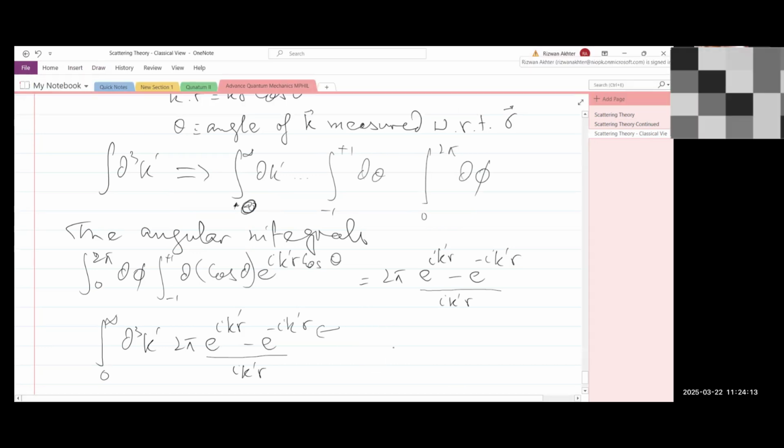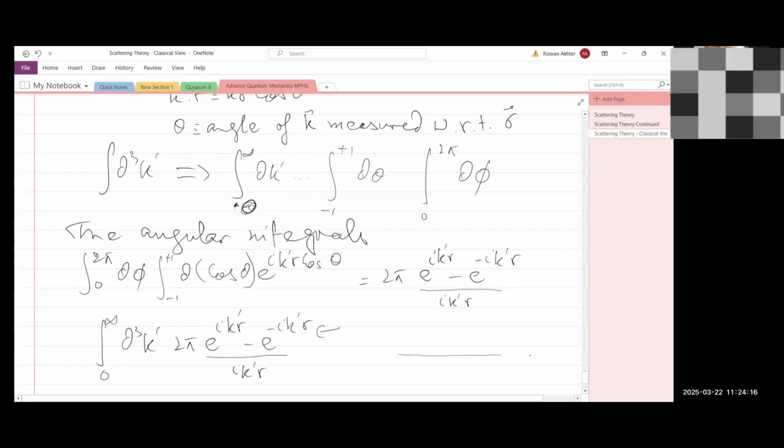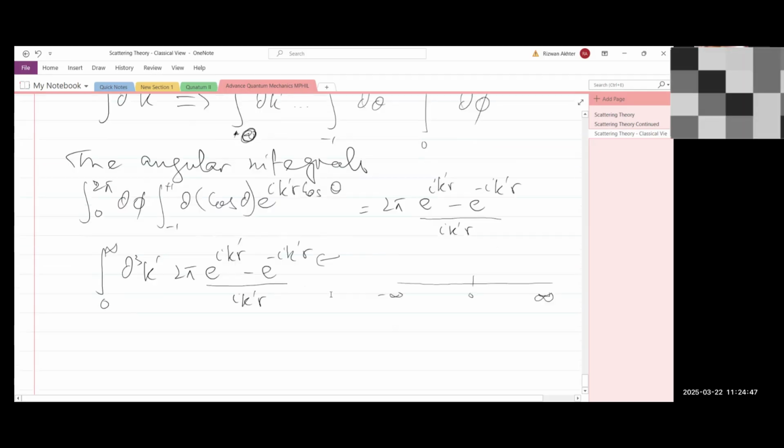If this is 0, you would be integrating from minus infinity values of k to 0, and from 0 to plus infinity. For one part you would be using e^(minus iota k prime r), and for the other positive part you would be using e^(plus iota k prime r). So these two terms in the numerator are same.